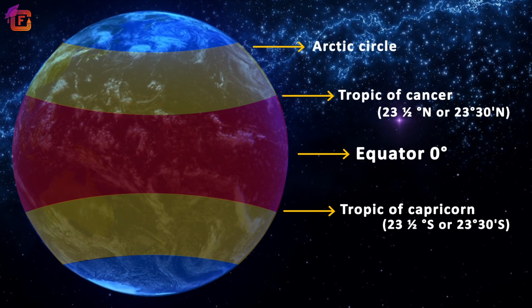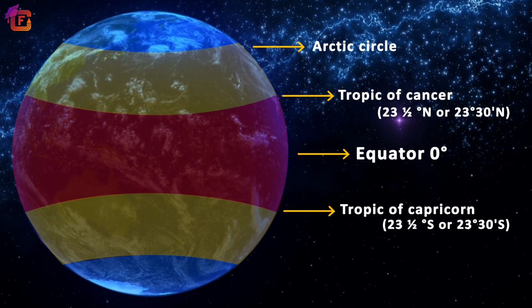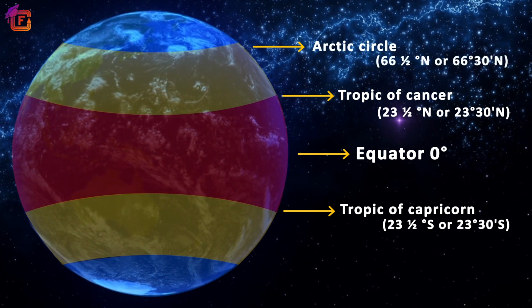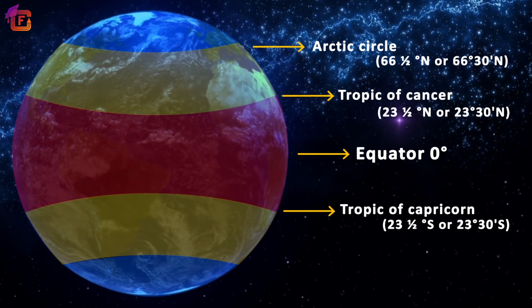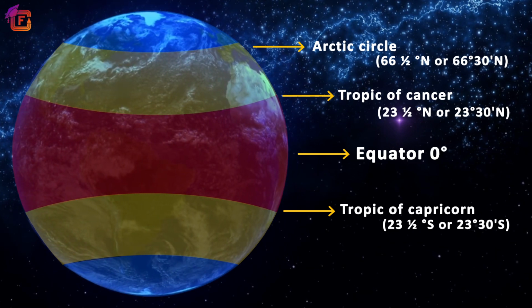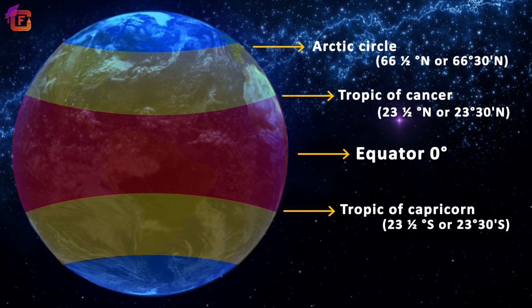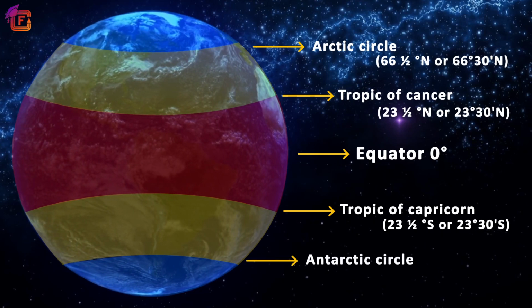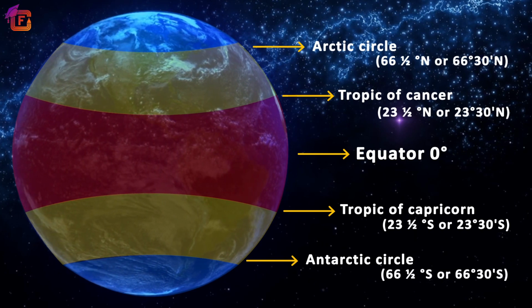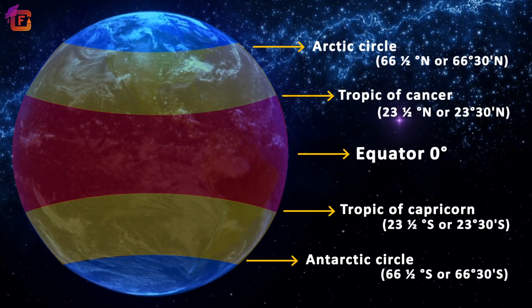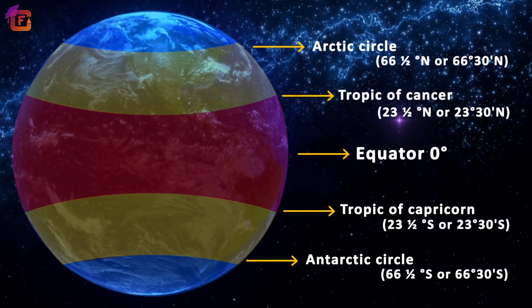The fourth is the Arctic Circle, that is 66.5 degrees N or 66 degrees 30 minutes N, that is north of the equator. The fifth is the Antarctic Circle, that is 66.5 degrees S or 66 degrees 30 minutes S, that is south of the equator.